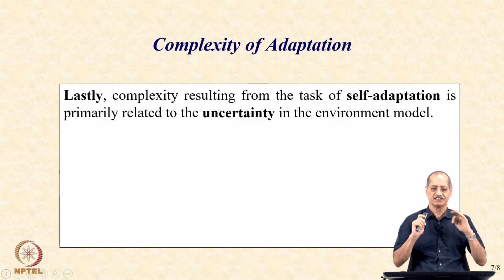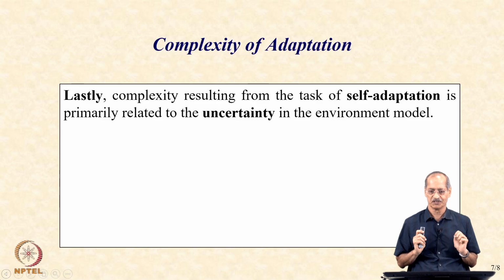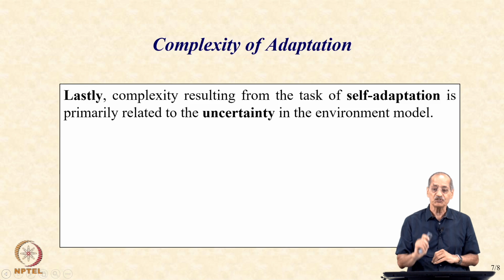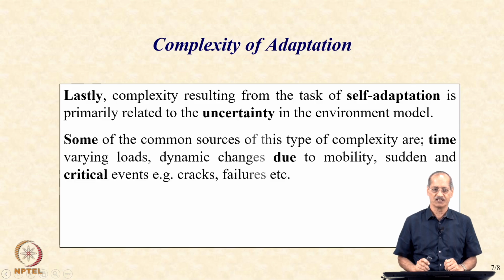Which means if we think that if we give this much accelerator input, in this much time we will reach the next intersection, it may not happen. So, you will need to adapt, and this is what will bring in some amount of complexity in the process of self-adaptation.